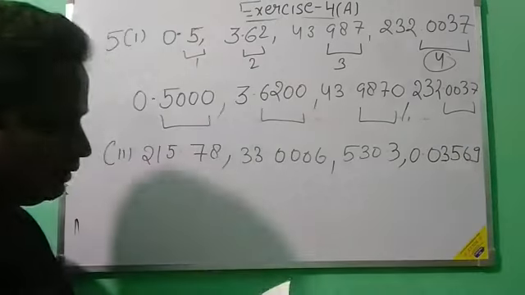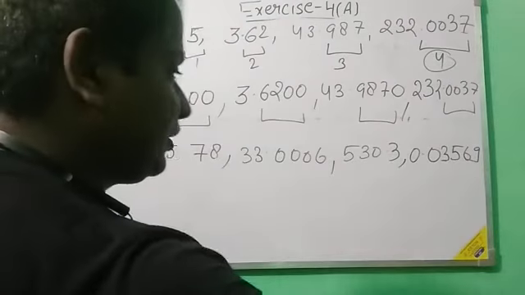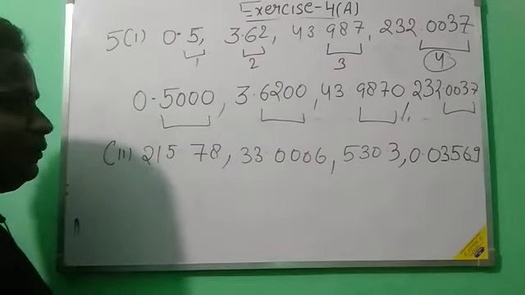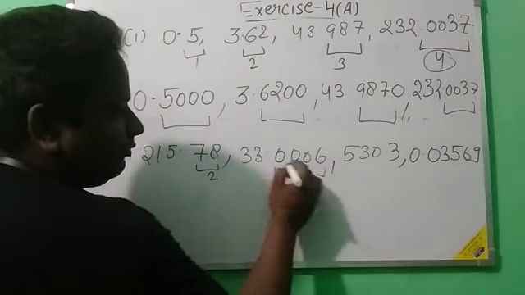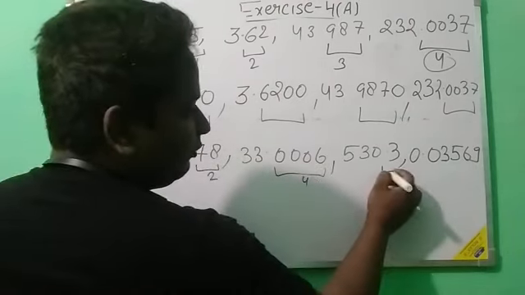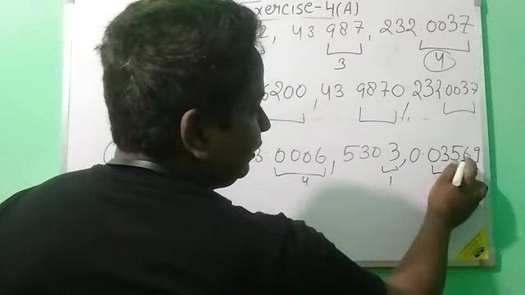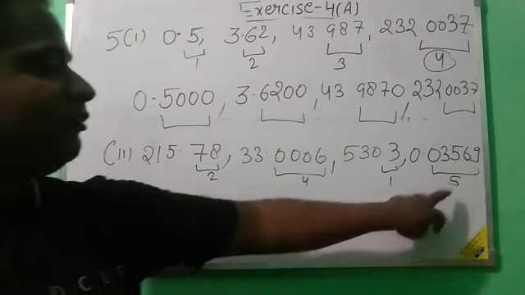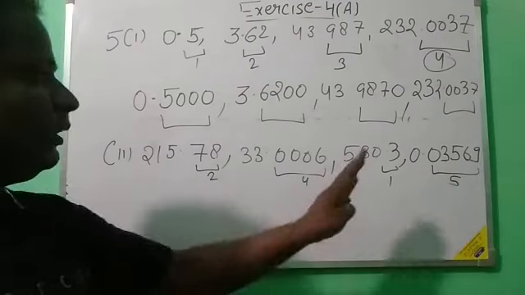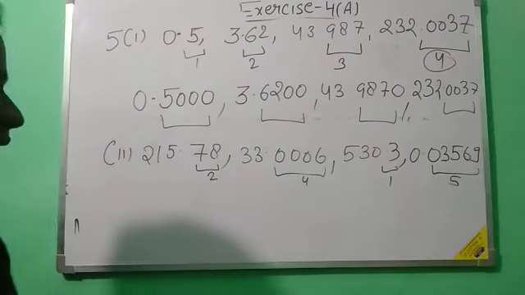Okay guys, this is our last question. Again do the same thing, counting number of decimal places. Here you have 2, here you have 1 2 3 4, here you have only 1, here you have 1 2 3 4 5. So maximum number of decimal places are 5. So make all these number as decimal places 5.